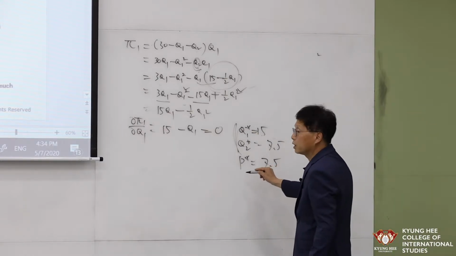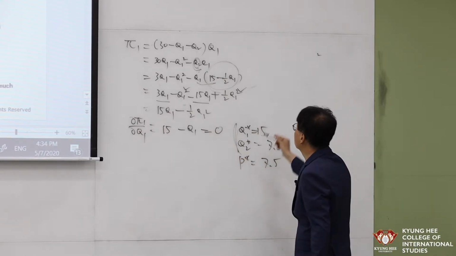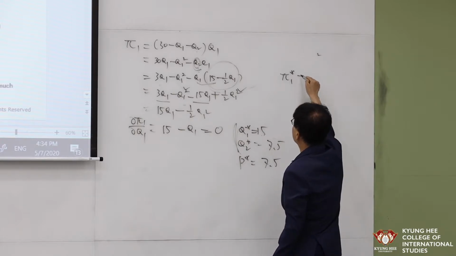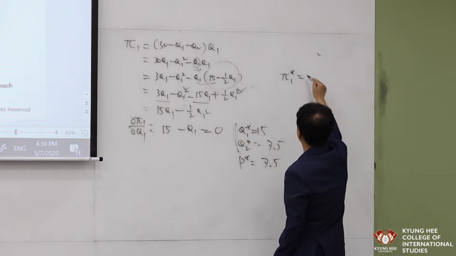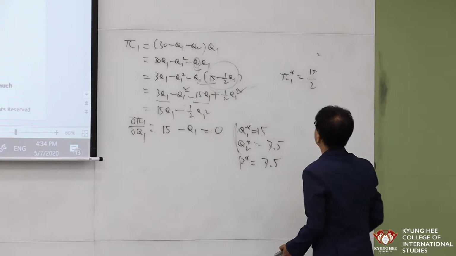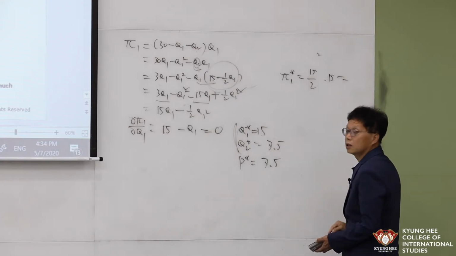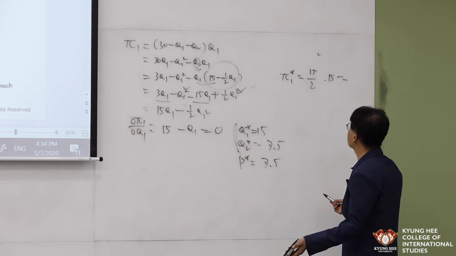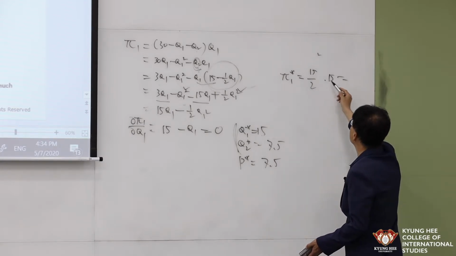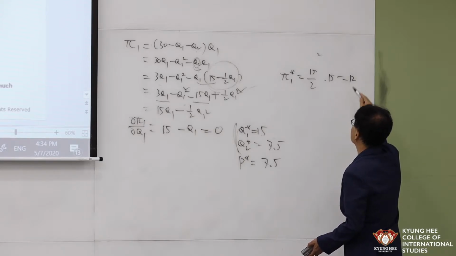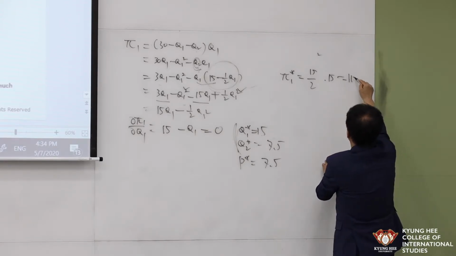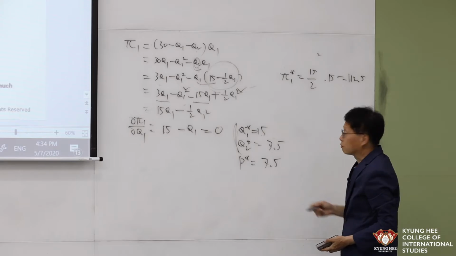Also, you can calculate the profit for the leader. Right? Pi 1 star is equal to price, 7.5, multiplied by 15. Right? And total cost is equal to 0. So that is, I forgot, 112.5, right?